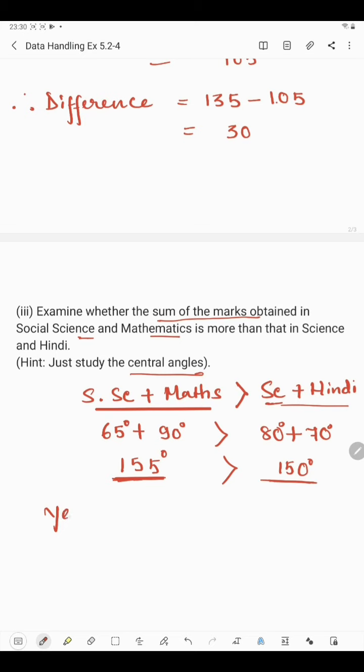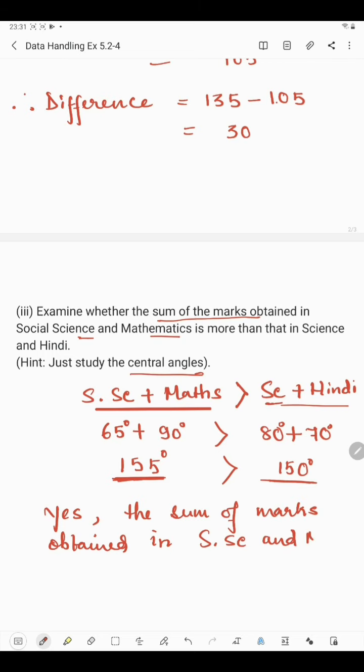So we'll write, yes, the sum of marks obtained in social science and maths is more.